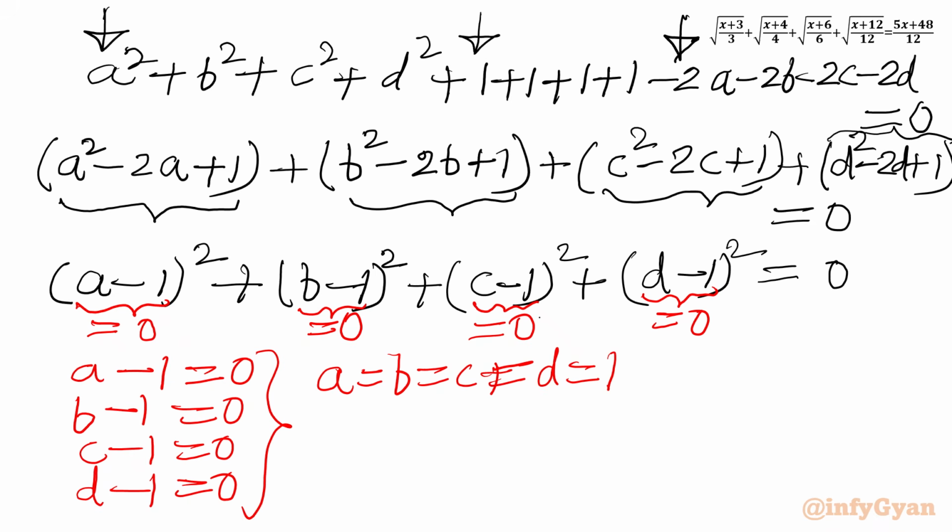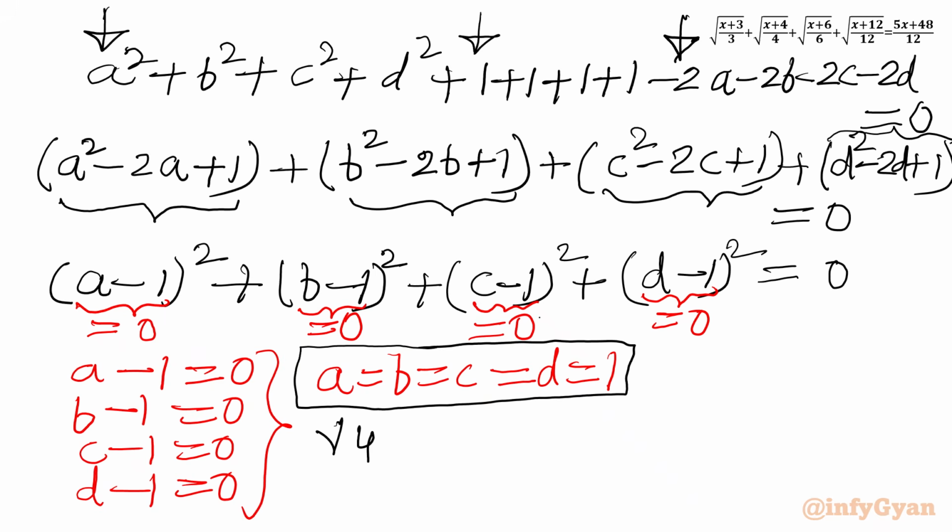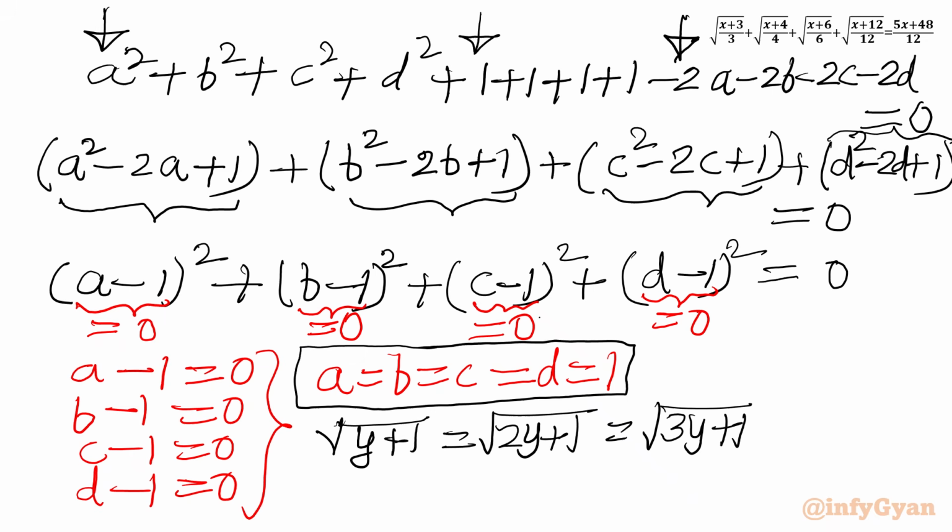Now a was our substitution, the square root of y plus 1. So we can write the square root of y plus 1 equal to the square root of 2y plus 1 equal to the square root of 3y plus 1 equal to the square root of 4y plus 1 equal to 1.